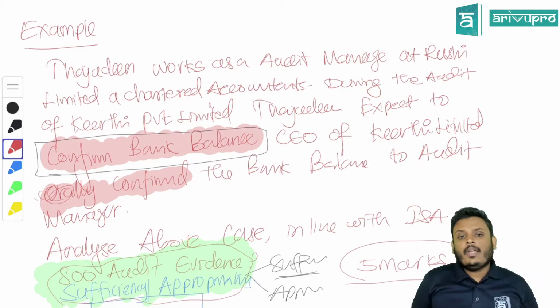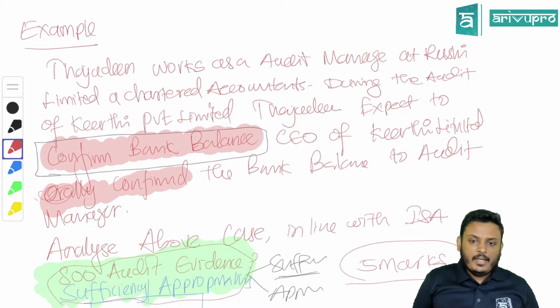Number two, oral confirmation means there is a problem. If someone has orally confirmed, that is less reliable. I told you, written evidence is more reliable than oral evidence. So the reliability in this case is very low. When it comes to less reliability, we need to gather more evidence. So the evidence is not sufficient in this case.